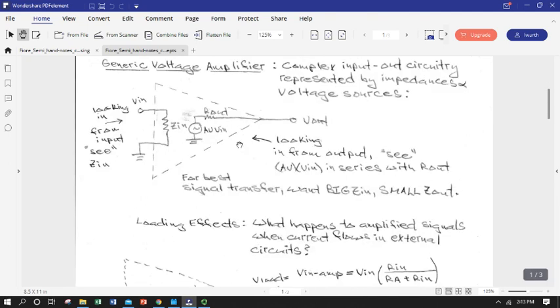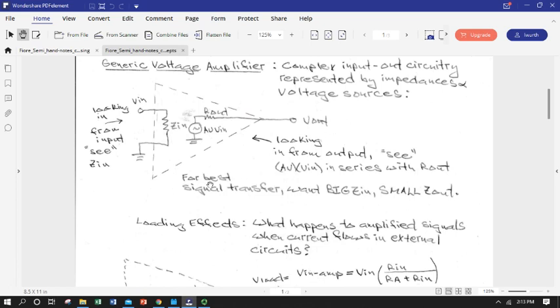So one of the things we will examine is what we want in terms of the output versus the input impedance, and whether we want them big or small in terms of whether or not we actually realize this entire voltage gain, and what effect we have on distortion when we actually load the circuit and insist that it provides some current.